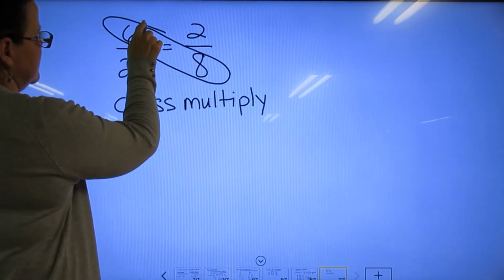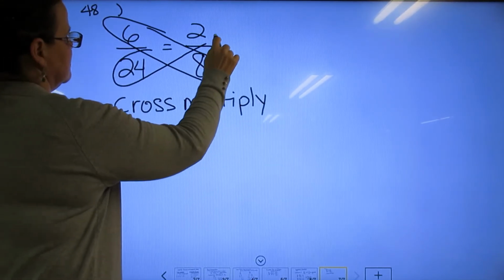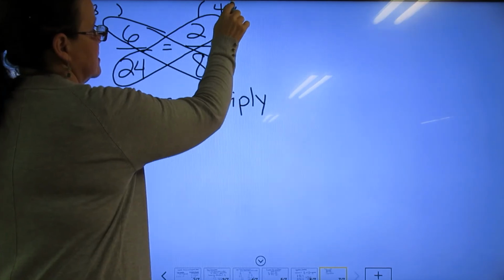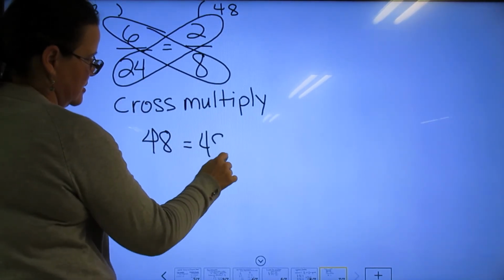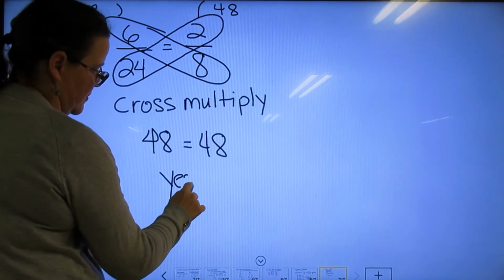Six times 8 is 48, and 2 times 24 is 48, and 48 equals 48. Then they are equal, so yes, they are equivalent.